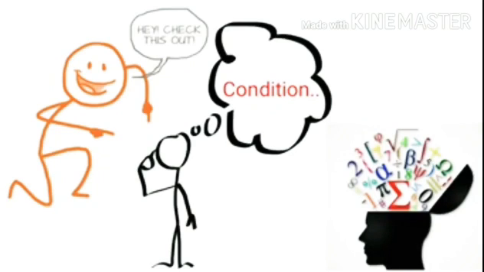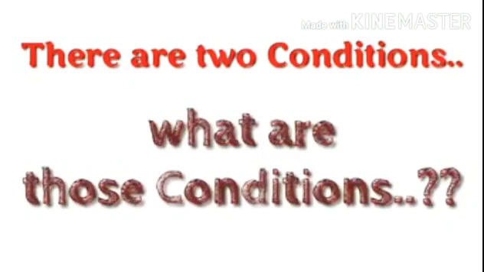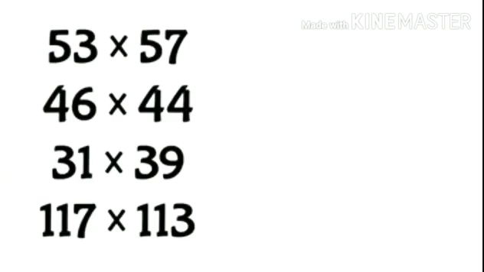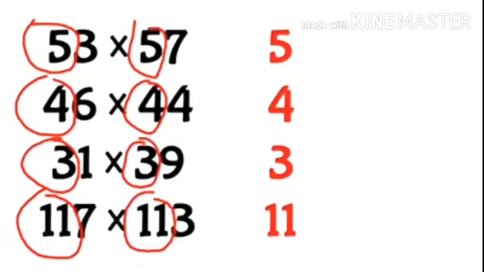But my friends, there is a condition in applying this method. This trick can only be applied when two conditions are satisfied. What are those conditions? First condition is that the numbers in the tens place have to be the same, just like 12 and 18, 23 and 27, 48 and 42, 54 and 56, and so on.